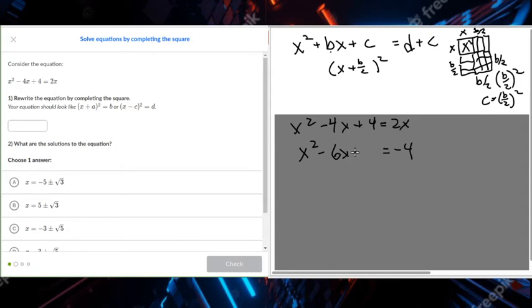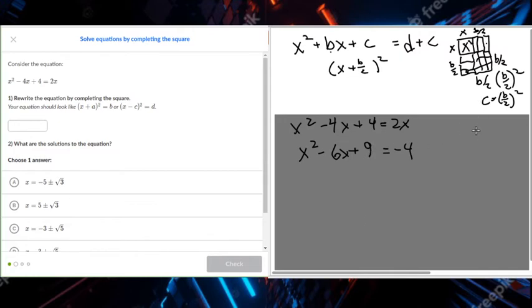Now I have to figure out what this c value over here is going to be. And I have a minus 6. So we've got x squared, and we've got minus 3x over here and minus 3x over here. So we're going to have 9. How do we know that?